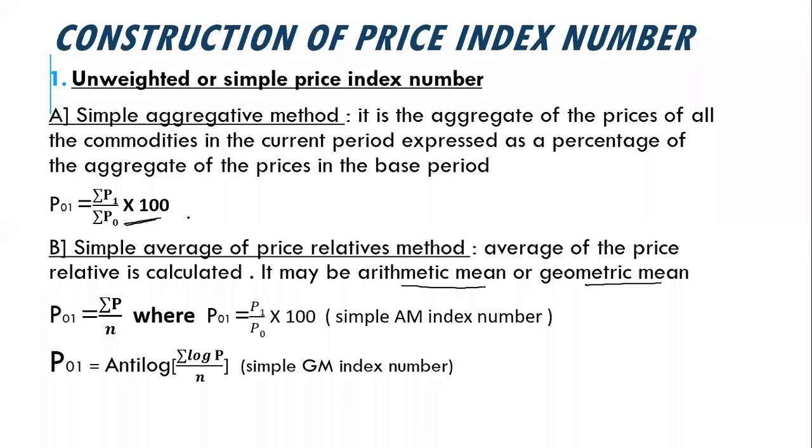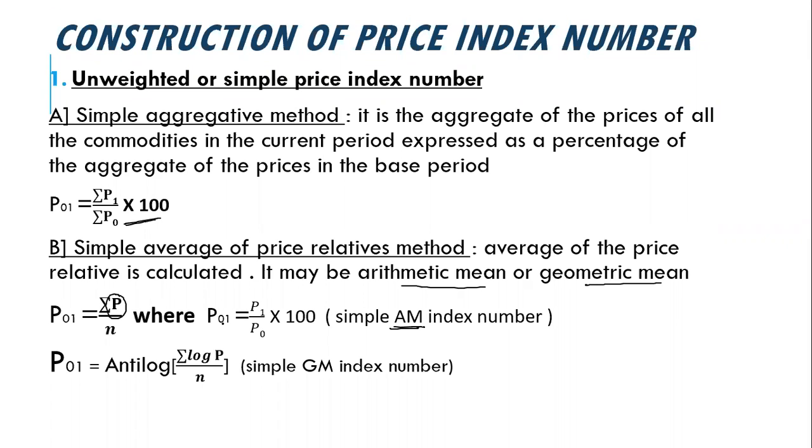Now when you find out the index number with the help of arithmetic mean, what will be the formula? It is summation P divided by N. Now when you say this P, what does it mean? It is how you calculate the value of the particular item, that is the price of the particular item.